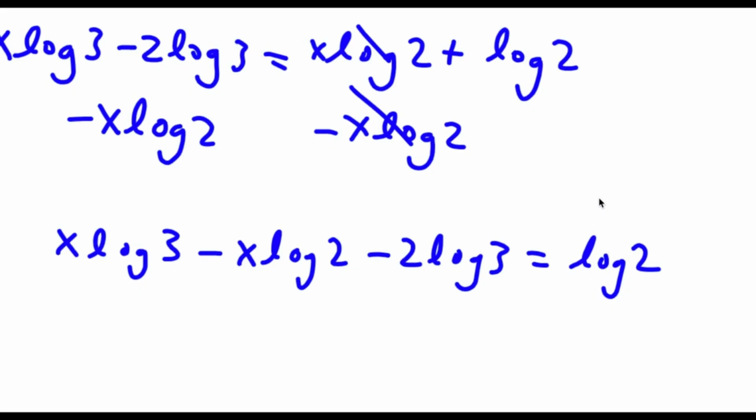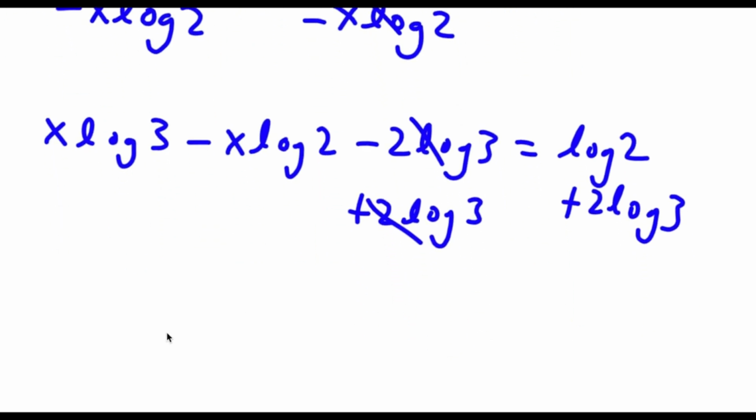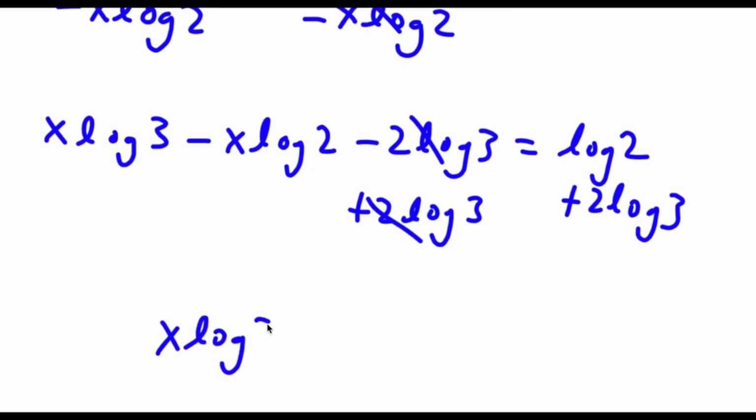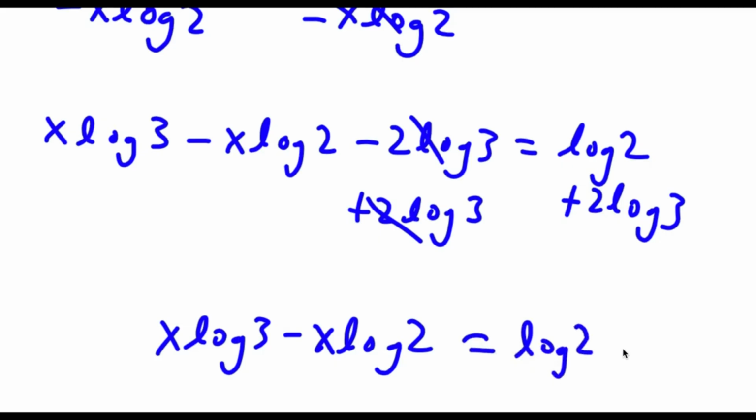Now I'm going to add 2 log 3 on both sides. And these two cancel out, and now I'm left with x log 3 minus x log 2 is equal to log 2 plus 2 log 3.